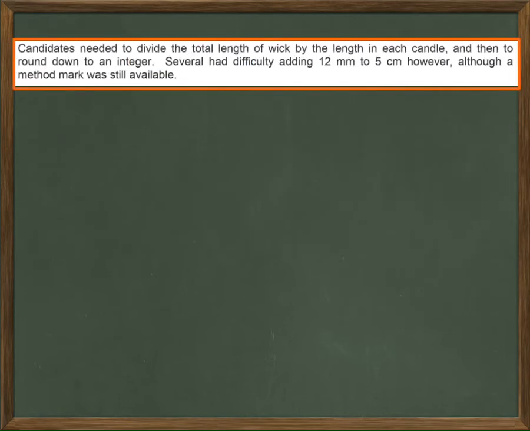Now, this is what the examiner is saying. Candidates needed to divide the total length of the wick by the length in each candle and then to round down to an integer. Several had difficulty adding 12 millimeter to 5 centimeter. However, a method mark was still available.